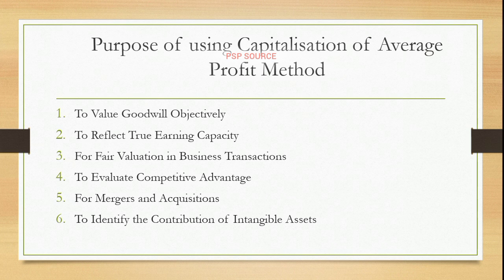So to reflect true earning capacity means whether that earning capacity is linked with tangible or intangible assets. So here the capitalization of average profit method helps to know whether it is linked with tangible or intangible profit.